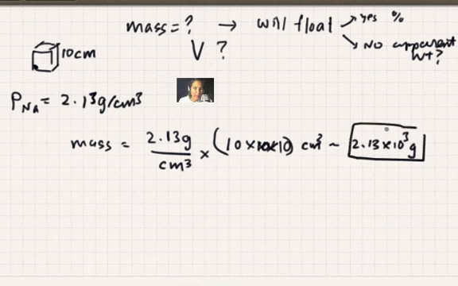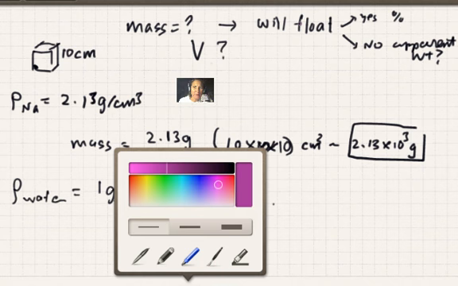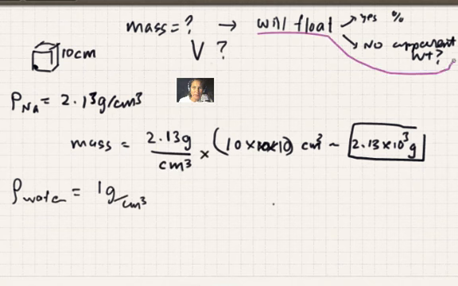That is the mass of our block. Now notice that the density of water is equal to 1 gram per centimeter cubed, and we have 2 grams for the same volume, so we know this is not going to float. So to answer this question, will it float, the answer is no.